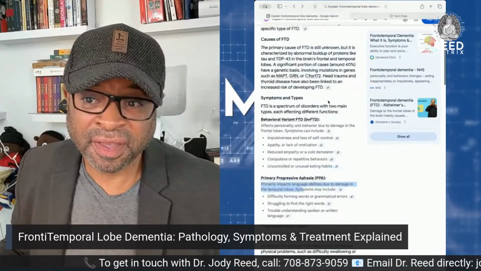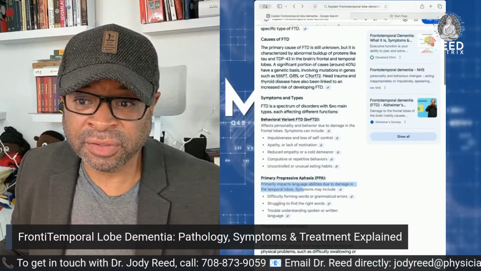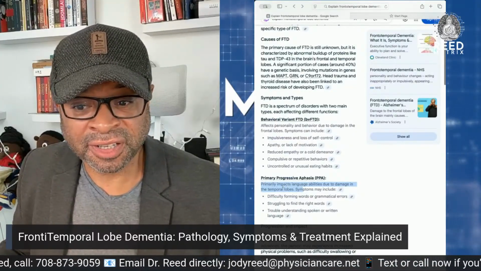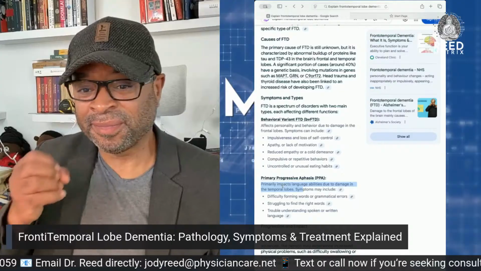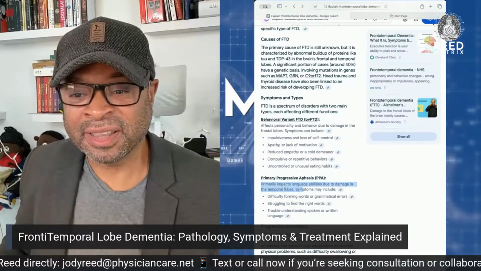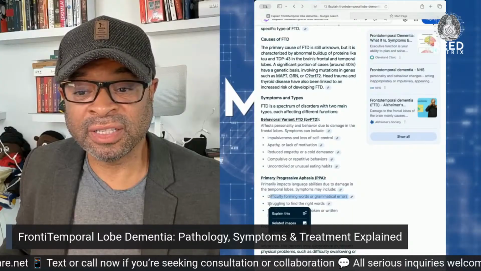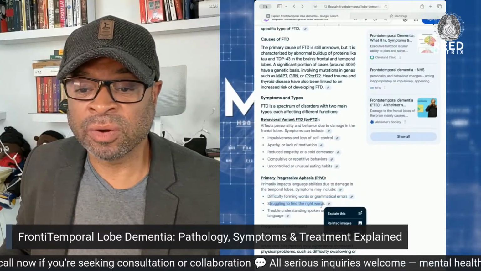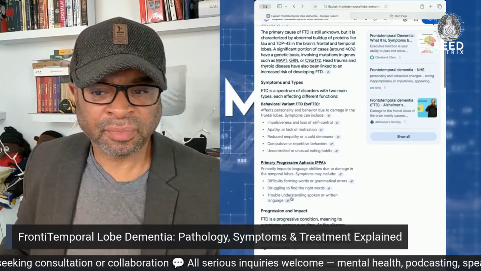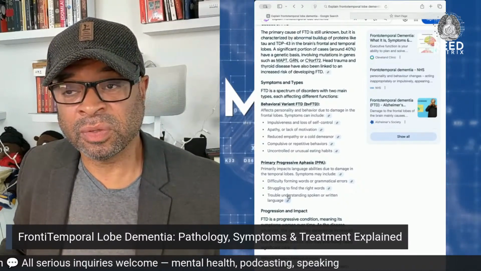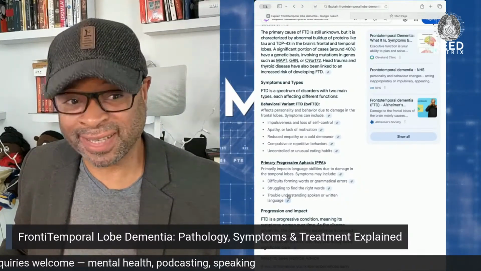So look at this. Imagine a 45-year-old patient with an aphasia, speaking difficulties, difficulty forming words and grammatical errors, struggling to find the right word. Now remember, sometimes patients with schizophrenia present with more of a disorganized thought process, right?